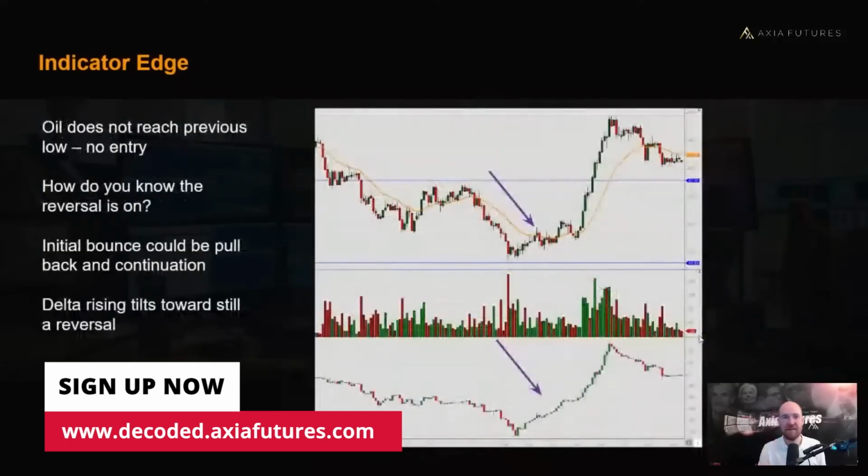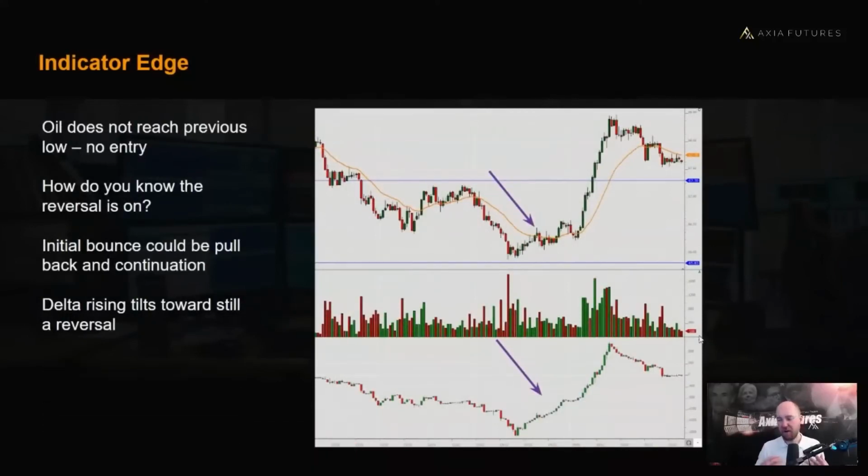So this then comes back to making a decision and being able to say, right, we have now reversed and this is not a pullback. That's the crucial thing. I always get asked, how do you tell the difference between a pullback and a reversal? You can't. That's something that you have to kind of get over, if you will.